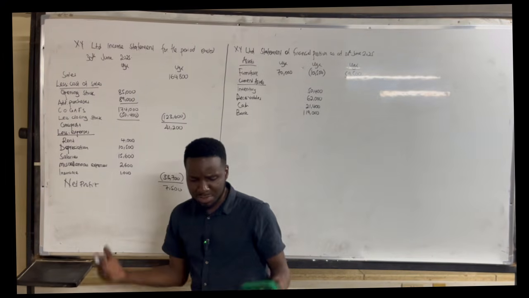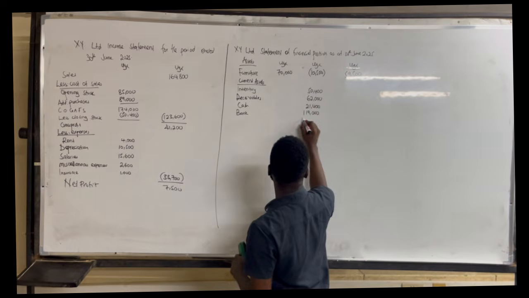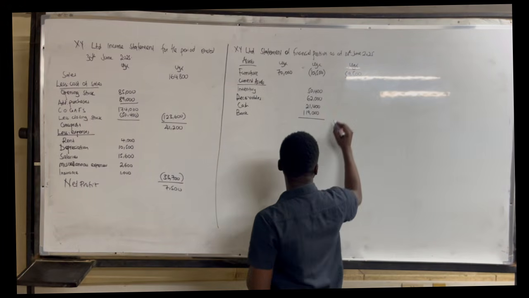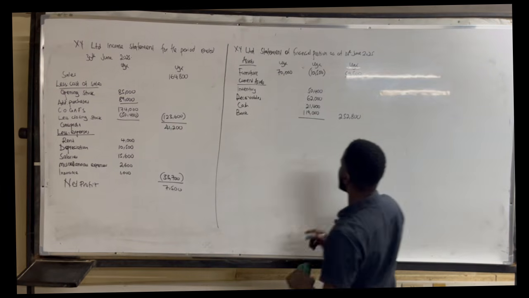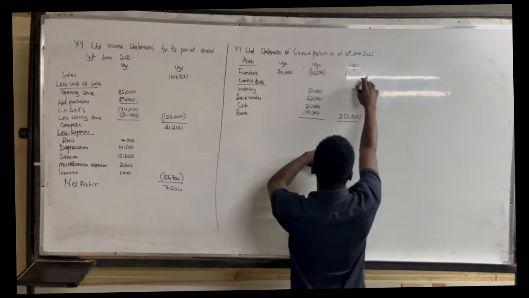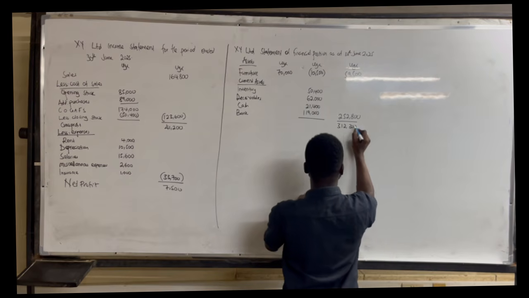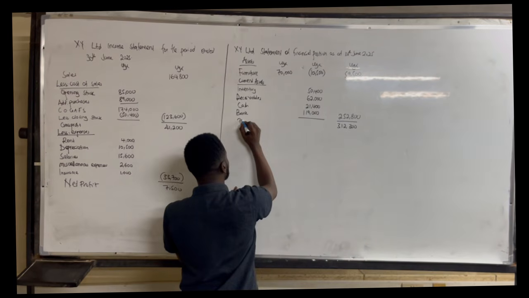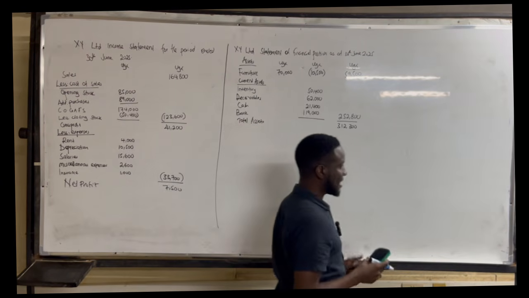We didn't have any expense that is outstanding or prepaid. Therefore, our total that we're going to get is 252,800. Then once we add this plus this, we are going to get 312,300 as our total assets. So these are our total assets here.